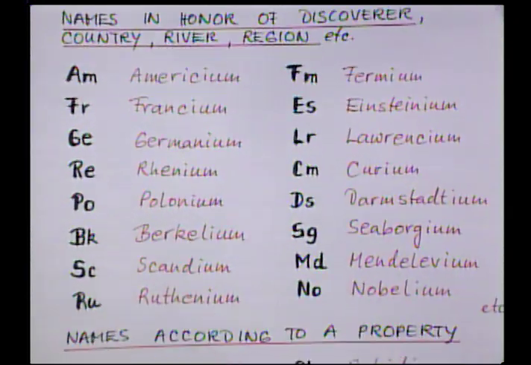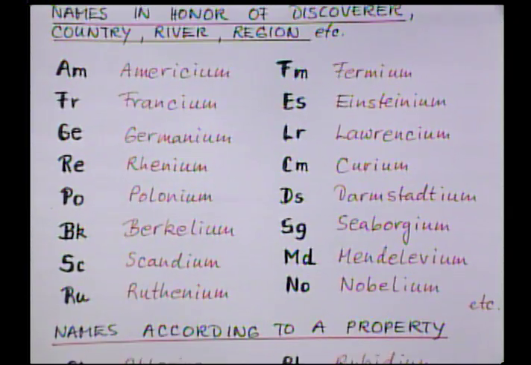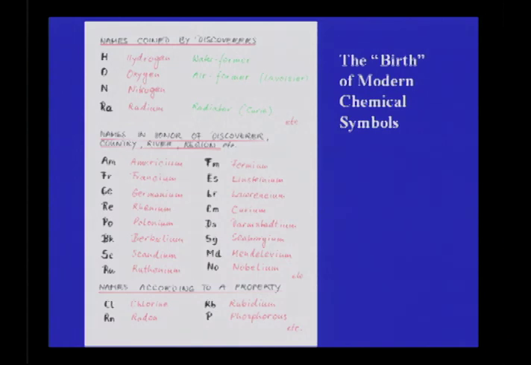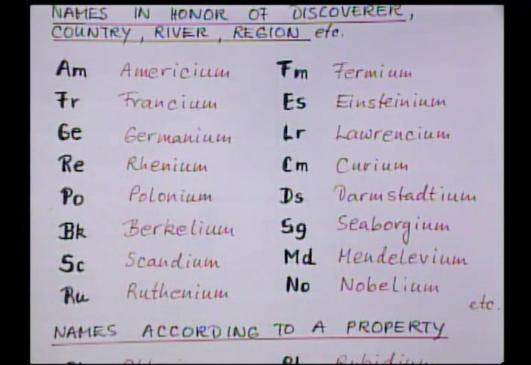Then we have a lot of names in the periodic table that relate to a region, a country, a river, or a district even, or a city. For instance, Americium. There's also Californium that I forgot to put up here.